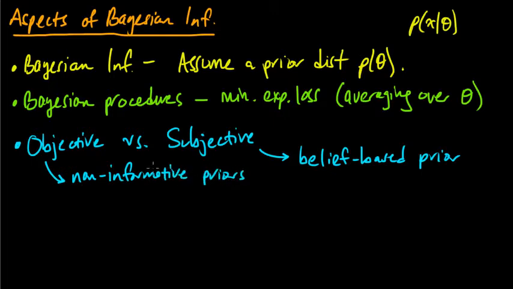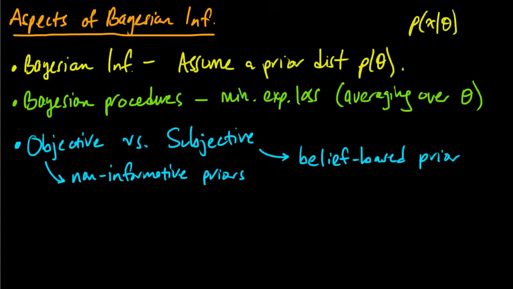In some sense, a non-informative, or sometimes people say uninformative, prior says as little as possible about theta, about the distribution of theta. There are some subtle aspects to coming up with these non-informative priors, but this is roughly the distinction between these two camps of Bayesians.